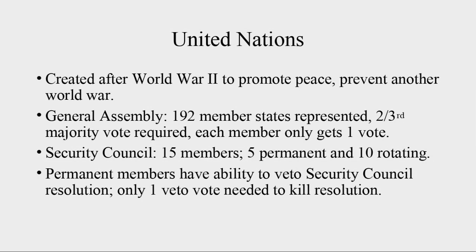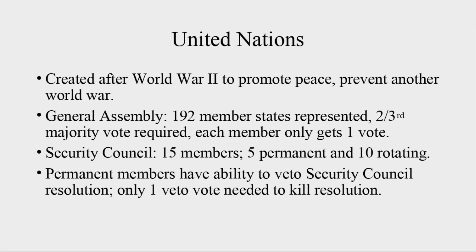So the UN works to try and promote peace, try to avoid global wars, or even wars between two countries as much as they can. But there's no standing army, and they don't have a lot of power to enforce their own rulings. So sometimes the UN just isn't able to do what it wants to do.